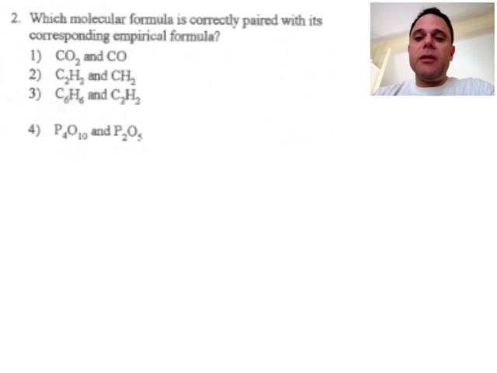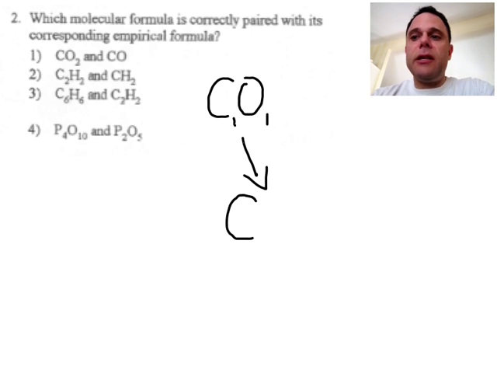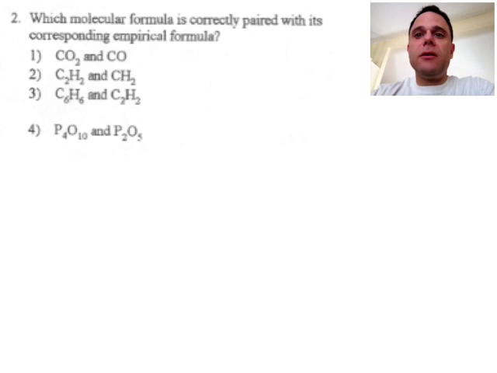So taking a look at choice 1, CO, that's a 1-to-1 ratio. Could that become CO2, a 1-to-2 ratio? Absolutely not. So let's get rid of that. That makes no sense. Number 1, no good.